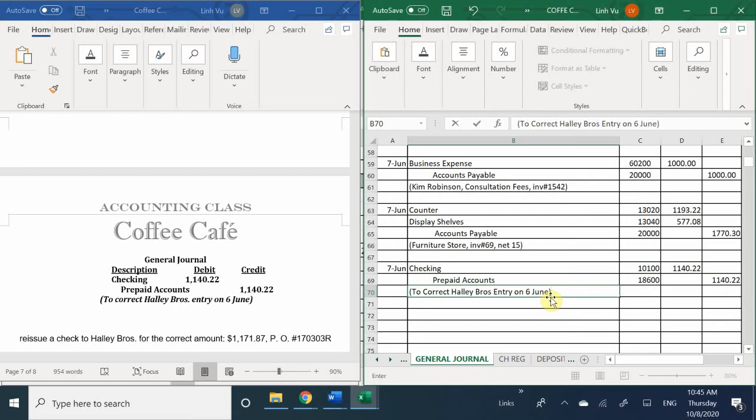Now, of course, you don't need to, because you're reversing the transaction. You don't need to be specific saying that you cancel the check, because the automatic assumption is that when you go to your check register, it shows that you've voided the check.